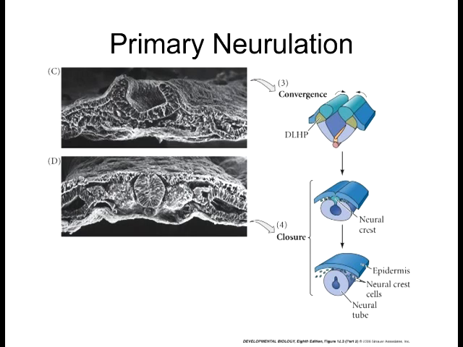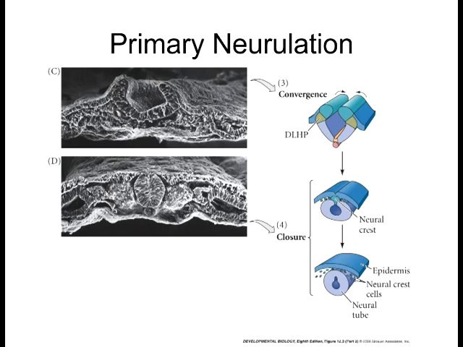So first you get the cells right at the medial hinge point that are going to change the cytoskeleton and cause the invagination, and then you get cells at the dorsolateral hinge point to push them in even further. Here's where things start getting interesting. This convergence, where these two ends meet up, ultimately causes all of the neural plate to invaginate and then eventually pinch off and form a neural tube.